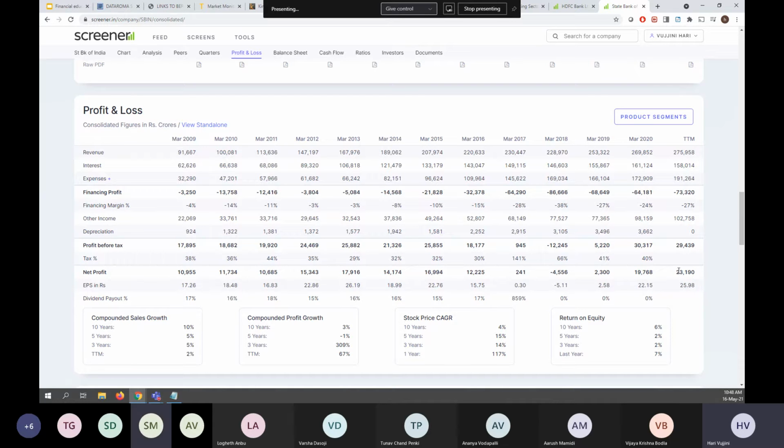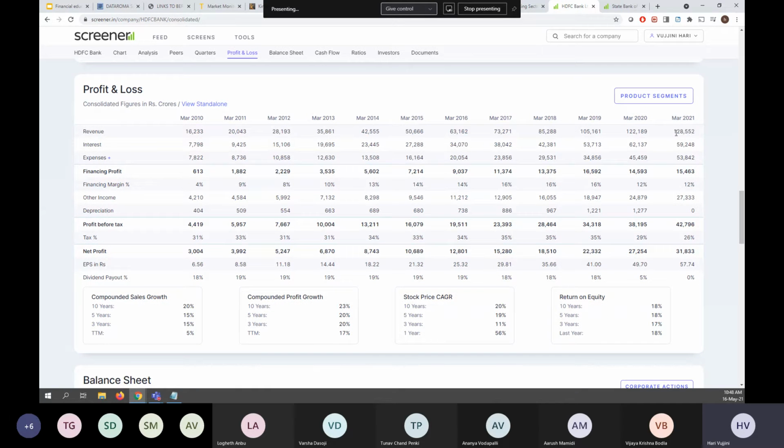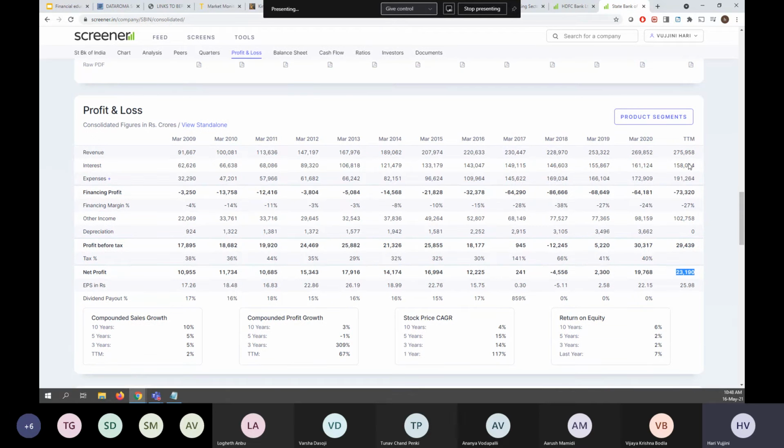So they are making 23,000, less than 10%. Compared to HDFC Bank, they are making 128,000 as revenue and then 31,000 as profit. So they are making around 23%, whereas SBI is making less than 10% profit.